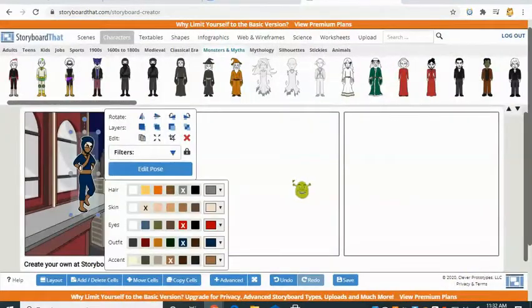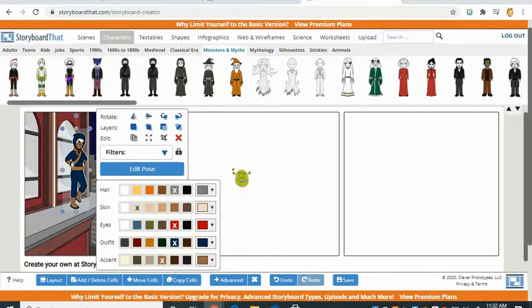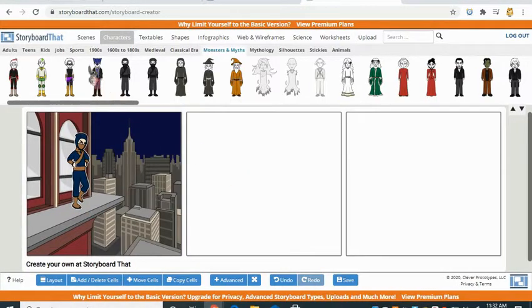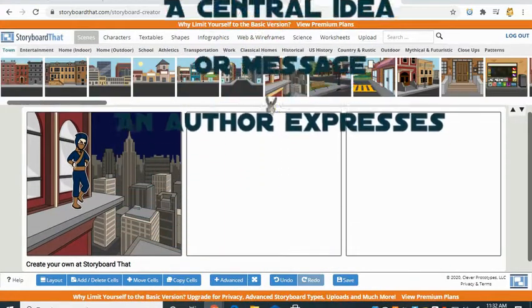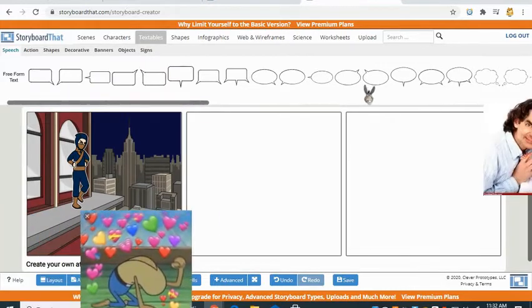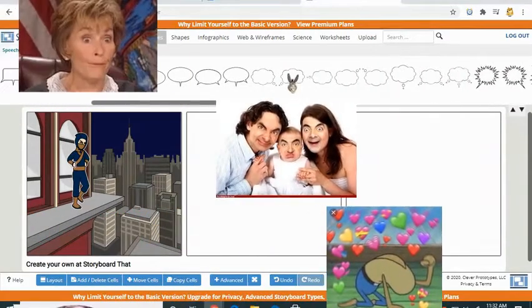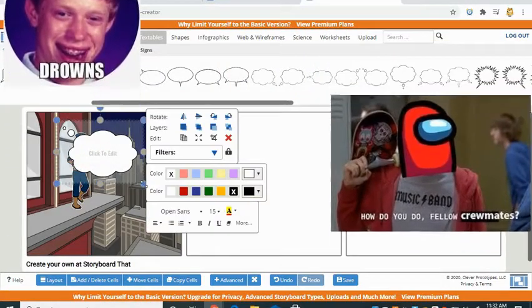Who would have thought? So, when you're looking for the theme here, you're looking for basically a central idea or message that an author expresses. Some examples of themes might be things like love, family, justice, luck, betrayal. Things along those lines are examples of theme.